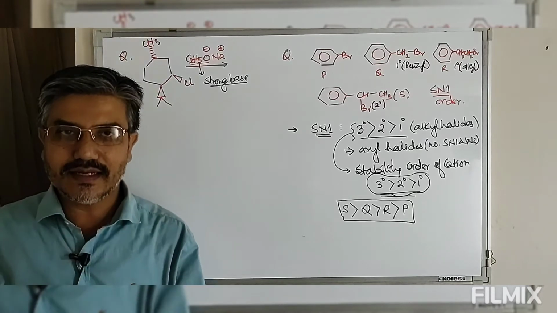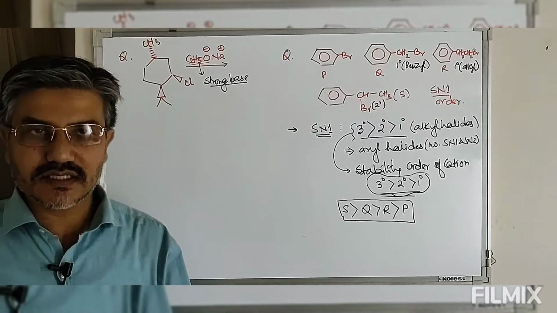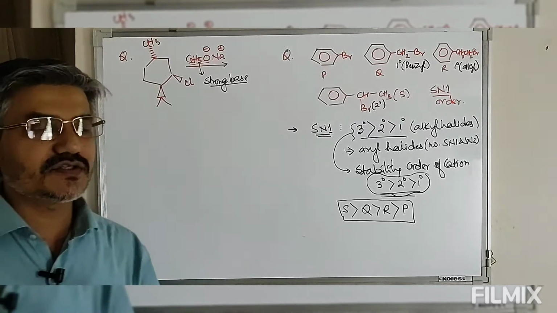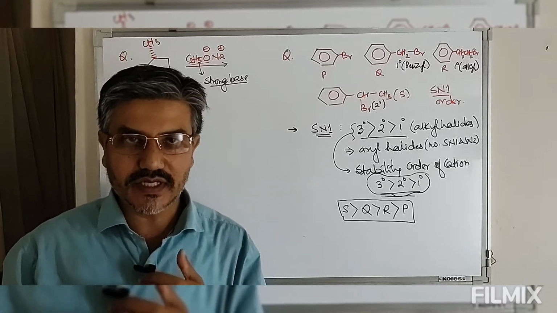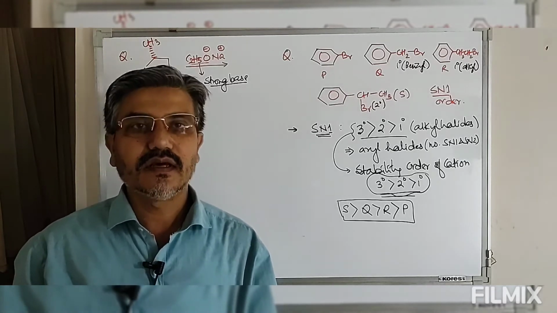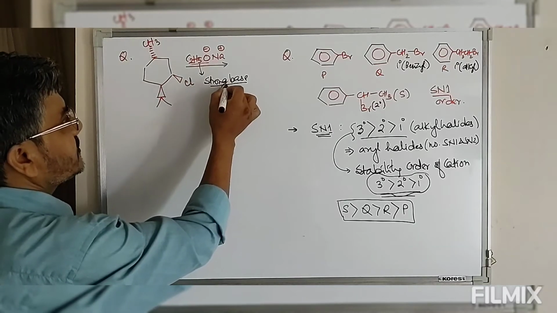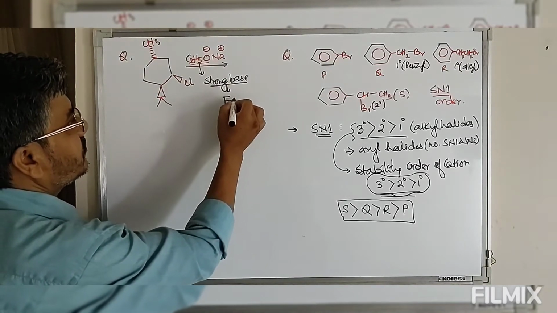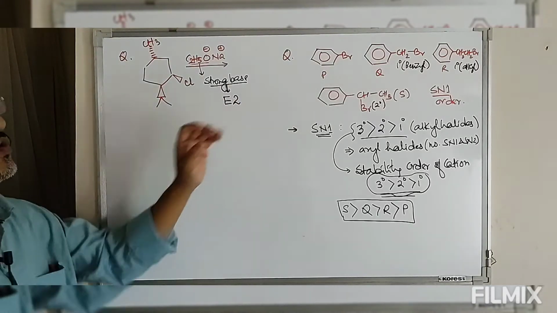When an alkyl halide is treated with a strong base, the reaction must follow elimination. In presence of a strong base, elimination has to be bimolecular. So the reaction will preferentially occur by elimination through the E2 pathway.